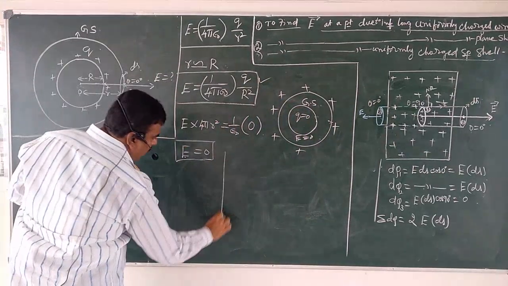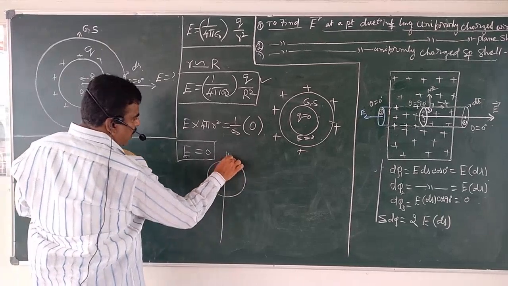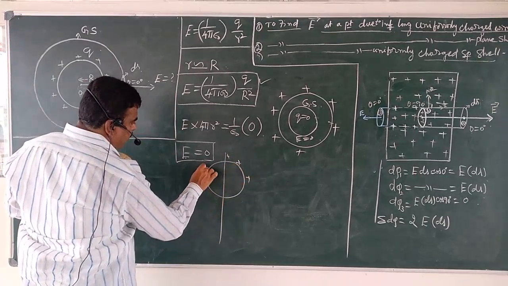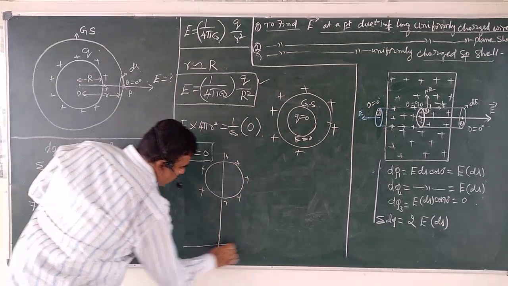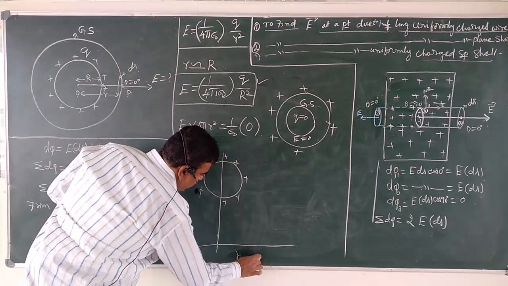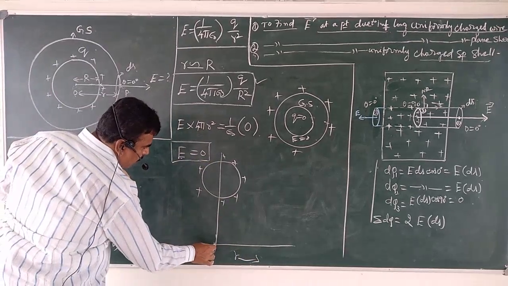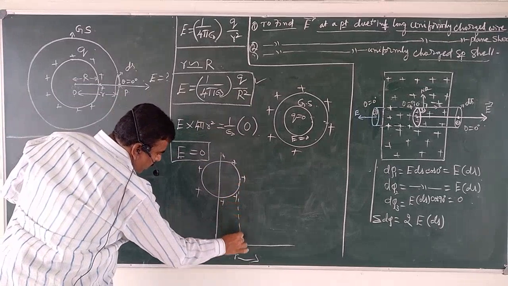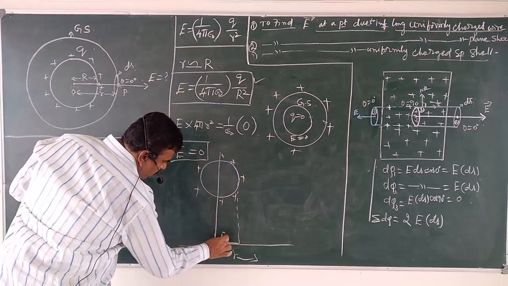If I plot the graph, if this is the charged spherical shell, and this is distance, okay, now the electric field till the surface is 0, E is 0.